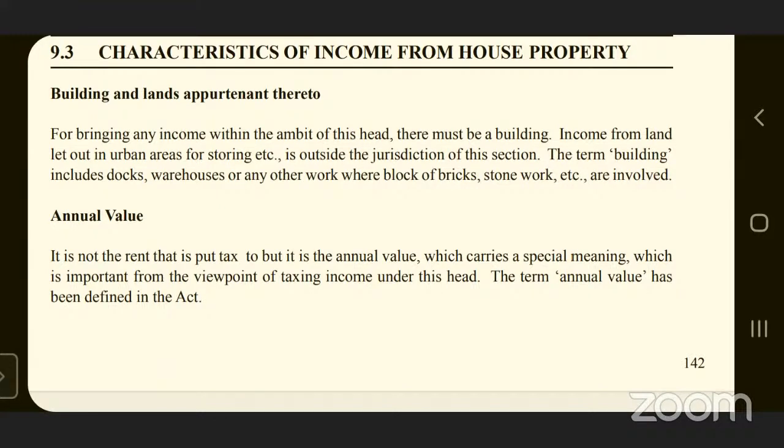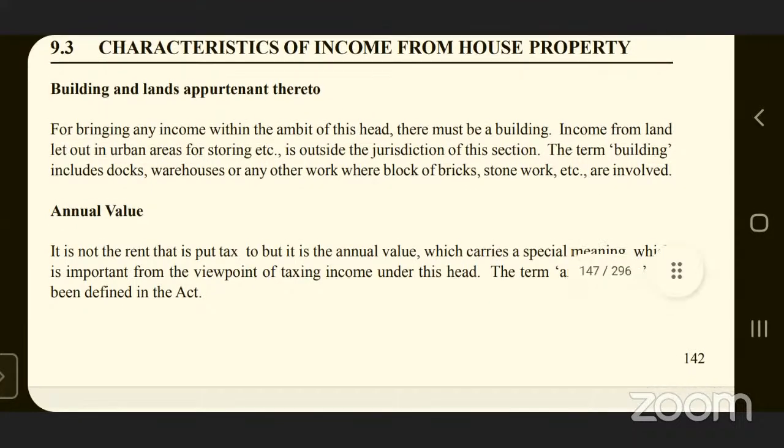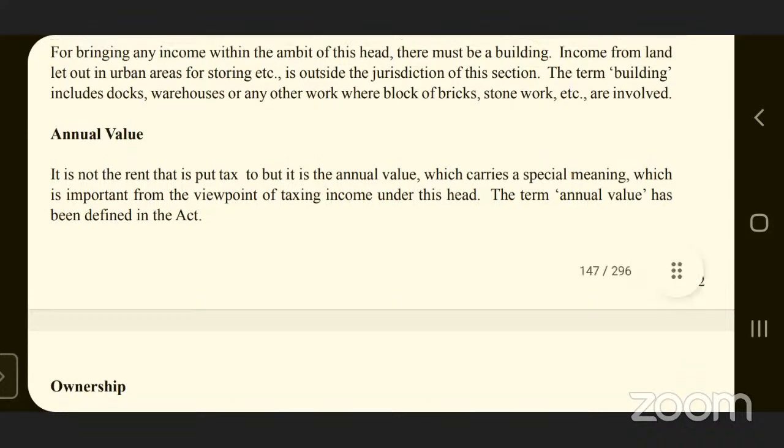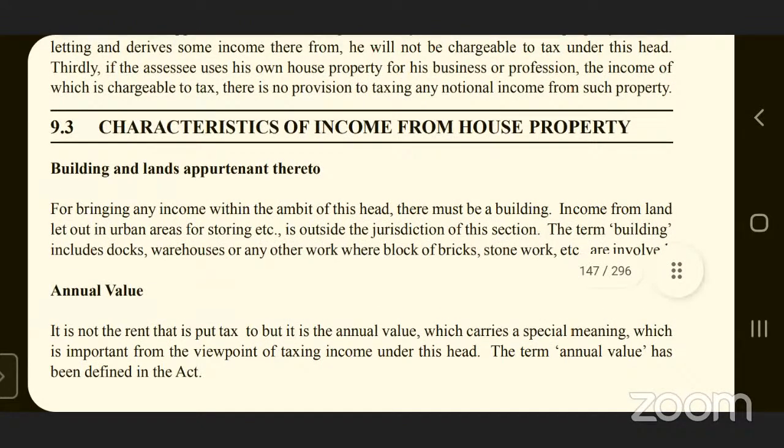So that is about the characteristics of income from house property. Any type of shelter which has 4 walls in a livable situation, docks, warehouses, whatever it may be, all those come under buildings under income from house property.